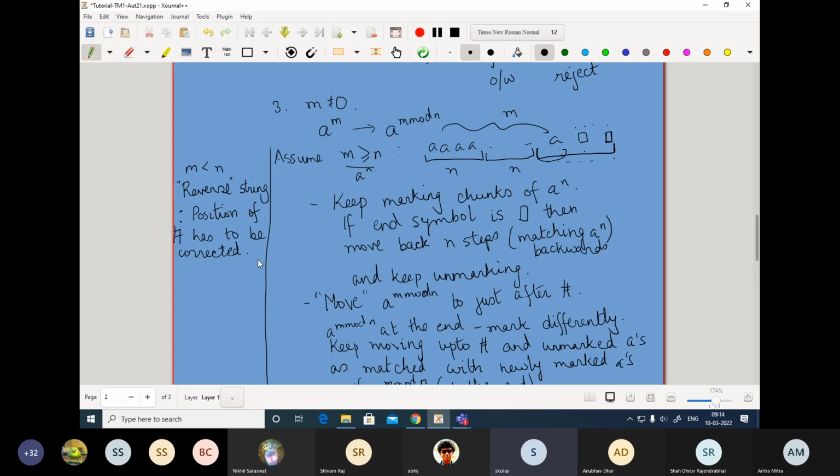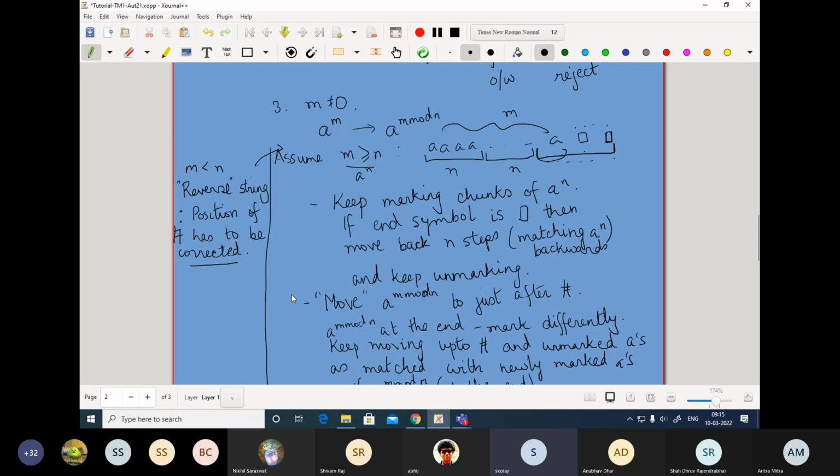Because of that you mark off the first m a's, and just after that, look at the m plus 1th position, put in hash over there, and in place of the hash you write another a, and that is how you will come back to this case and repeat.